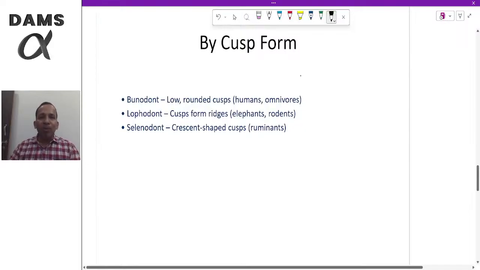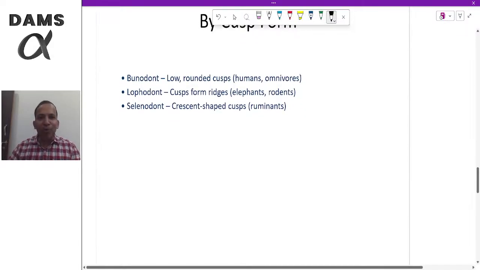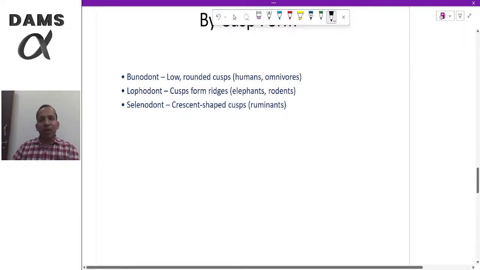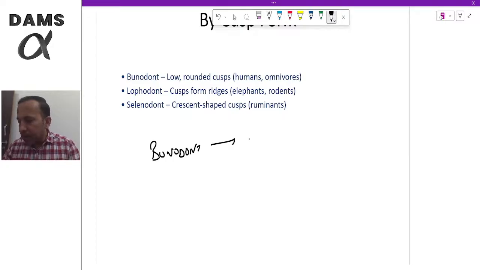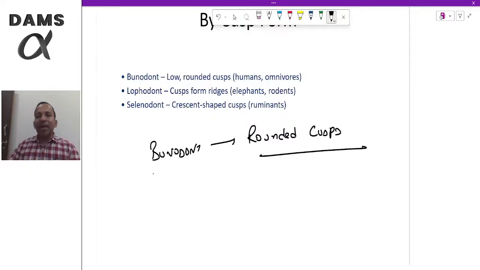By cusp form, so based on the shape of the cusp: bunodont, lophodont and selenodont. Human beings have bunodont, that is their cusps are low and their crowns are low and the cusps are rounded, right? As in human beings.